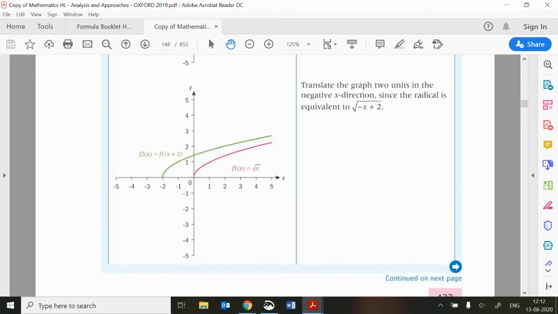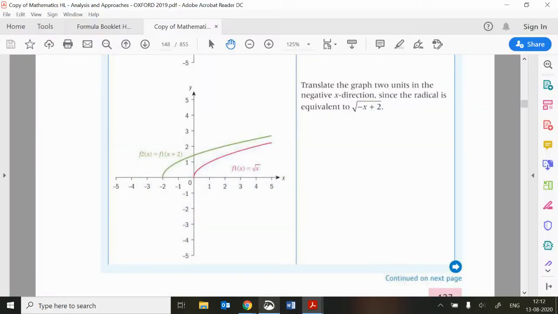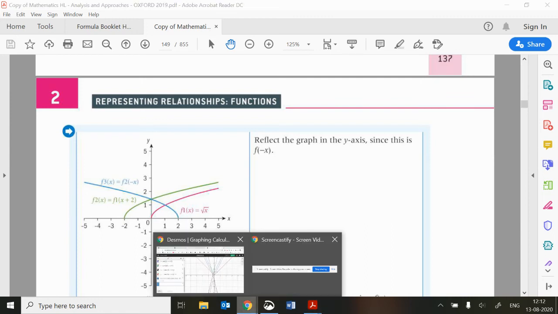They've said let's do f of x plus 2 first. So they've moved it by 2 first, and then they've reflected it. But the consequence will be the same.